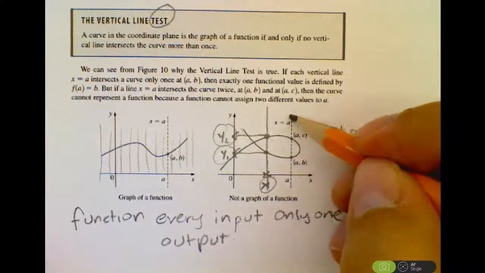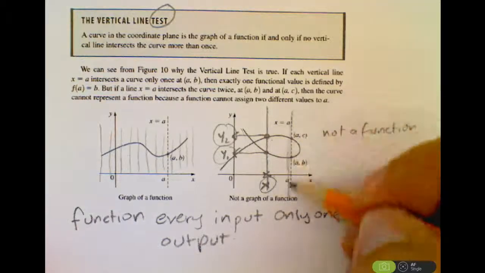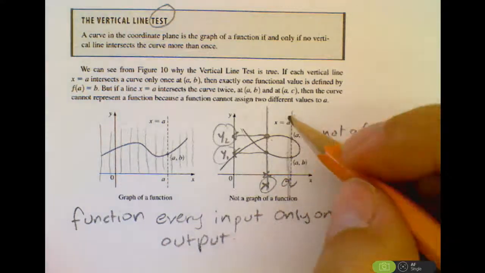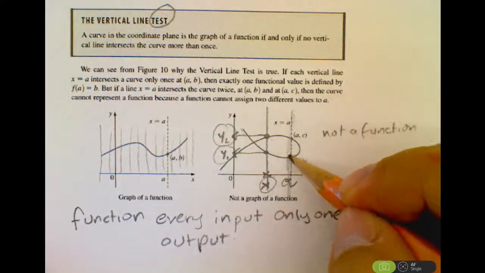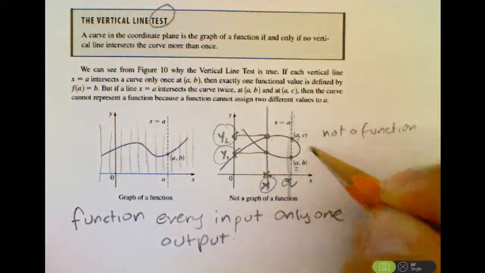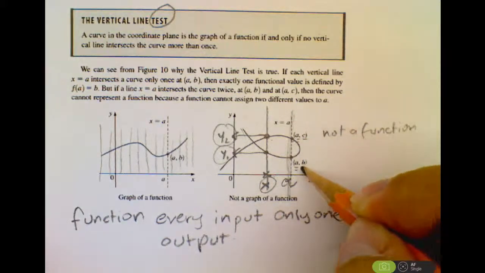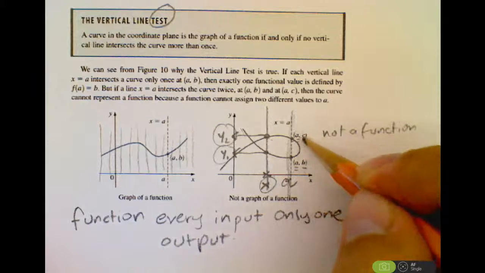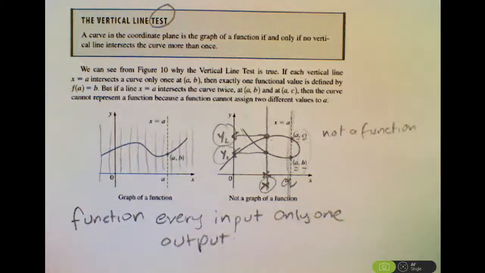So in this example, let's say that you have a vertical line at the value a. A could be any number, -3 or 2.5 or pi, for which you have 2 points that have x coordinate a, and then you have 2 different y values for it. So when one input has 2 different y values, that means that this is not a function.